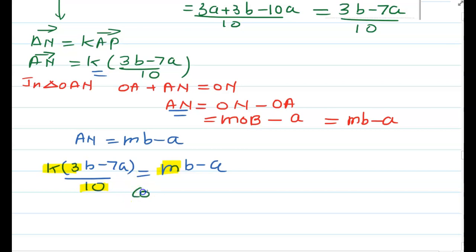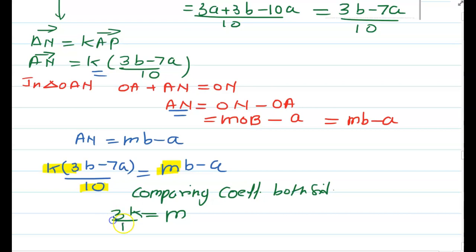I can write it down so that you can understand. Comparing coefficients on both sides. With B, what is here? M. With B, what is here? 3K divided by 10. So M we got 3K over 10. Similarly, with A, what is here?